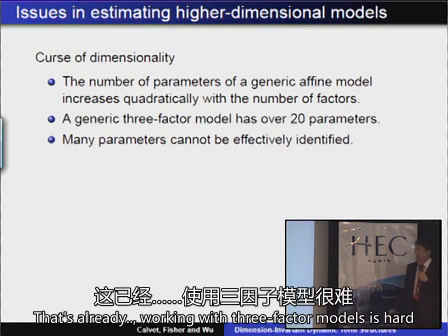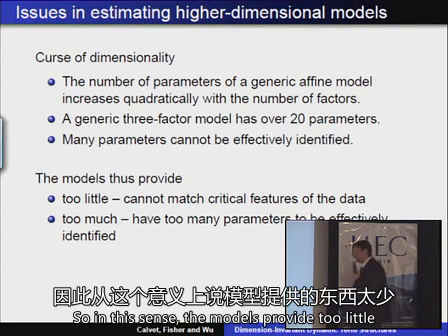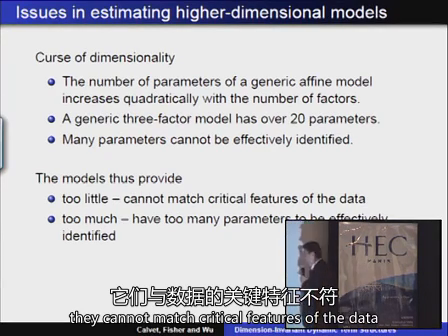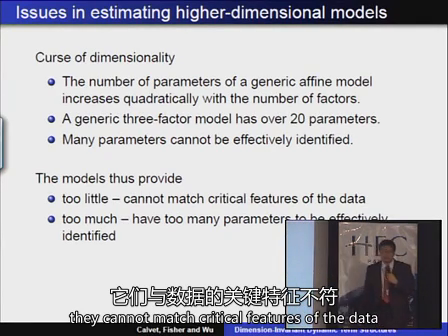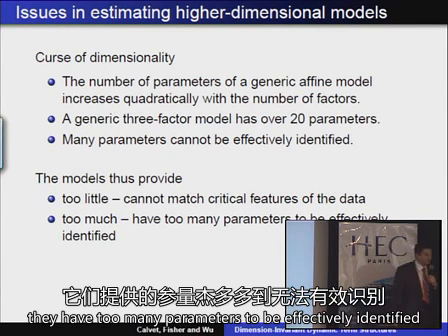Already working with 3-factor models is hard. So in this sense, the models provide too little, as they cannot match critical features of the data, and too much, in the sense that they have too many parameters to be effectively identified.